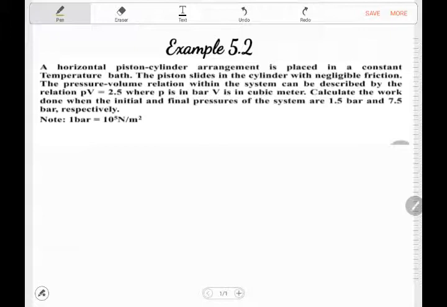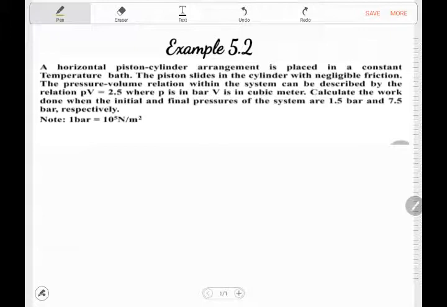A horizontal piston cylinder arrangement is placed in a constant temperature bath. The piston slides in the cylinder with negligible friction. The pressure volume relationship within the system can be described by PV equals 2.5, where P is in bar and V is in cubic meter, that is meter cube.